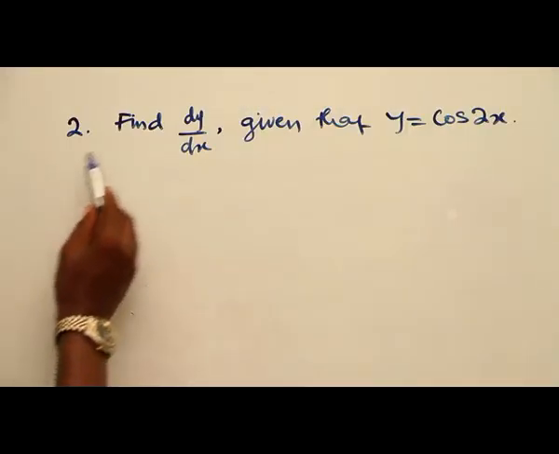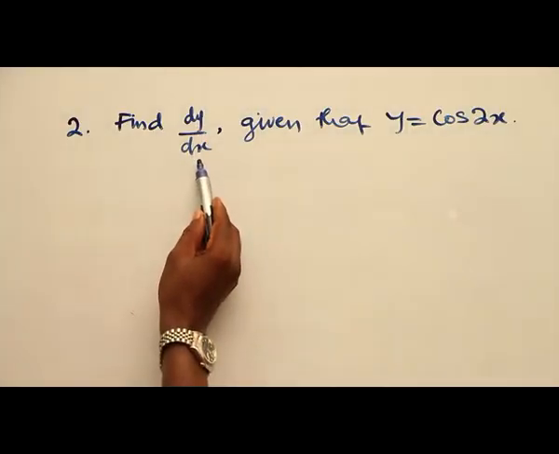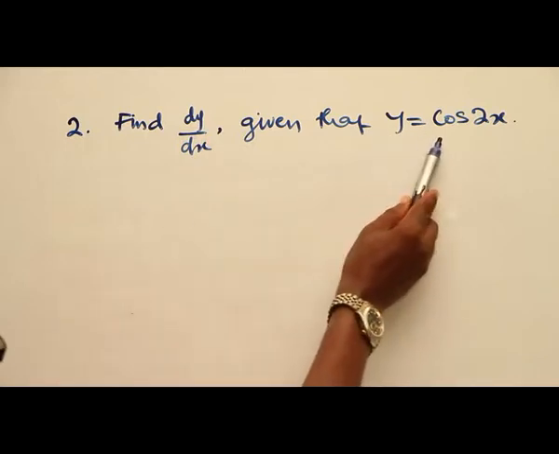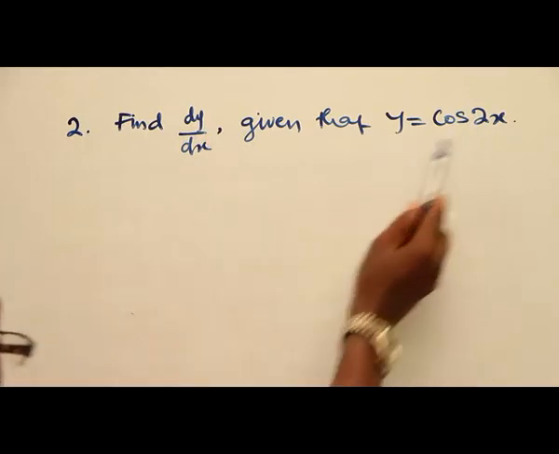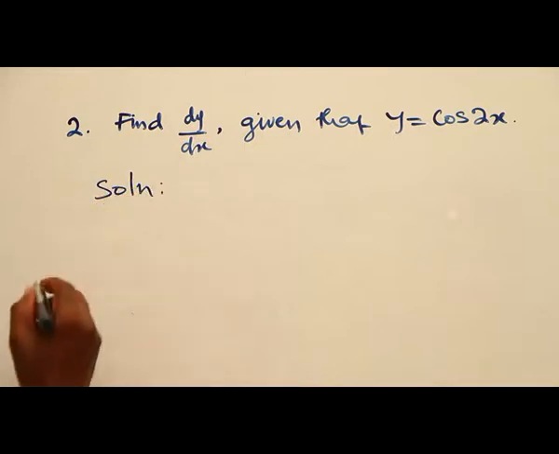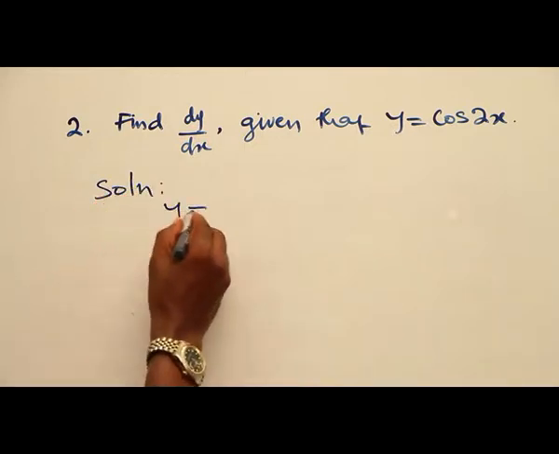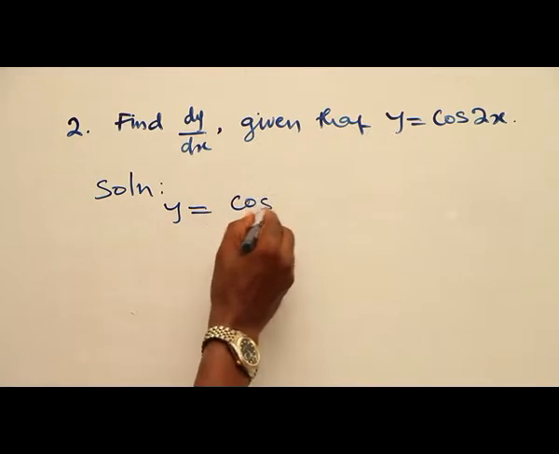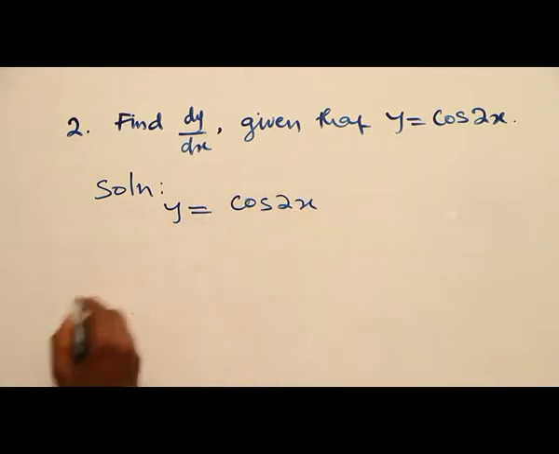Example number 2. Find dy over ds, given that y is equal to cos 2s. The solution: we have here y equal to cos 2s.